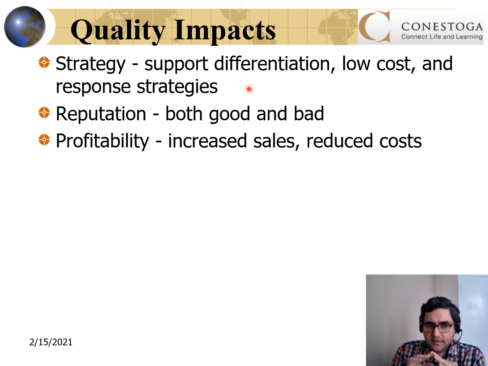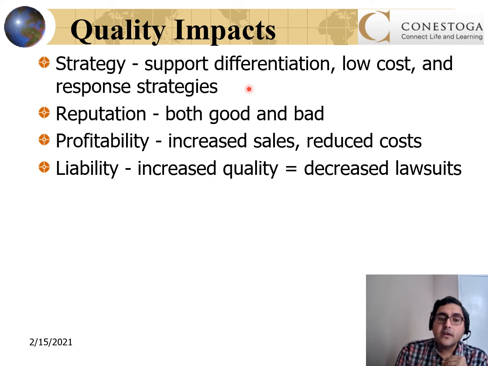In the same way, when you speak about profitability, we know that there are two ways in which profitability can be increased. For the same cost, if you try to increase the sales, that will help you, or you try to reduce the cost for the same selling price. So an item which is sold at say $100, but costs you only $50 to make, gives you a profit of $50 per unit sold.